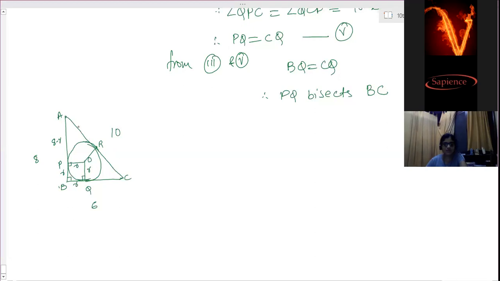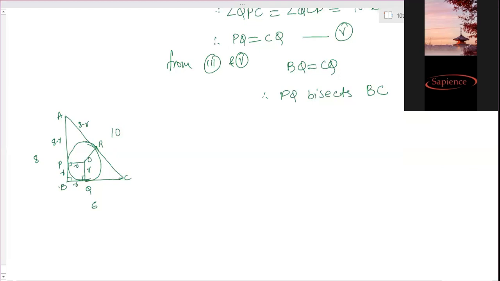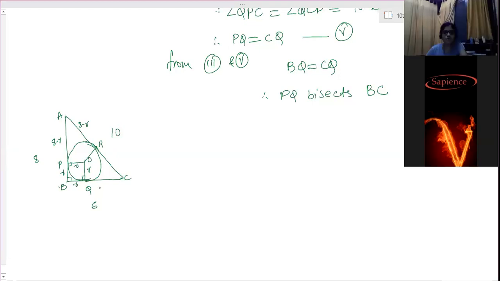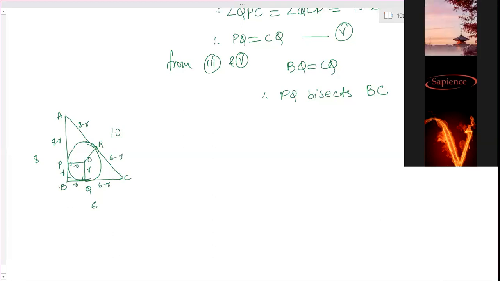AR is 8 minus R. Now CQ will be 6 minus R, so CR will be 6 minus R. The sum of these two, AR plus RC is equal to 10. 8 minus R plus 6 minus R is equal to 10. 14 minus 2R is equal to 10. 4 is equal to 2R. 2 is equal to R.